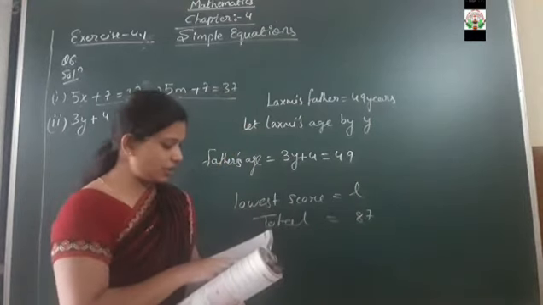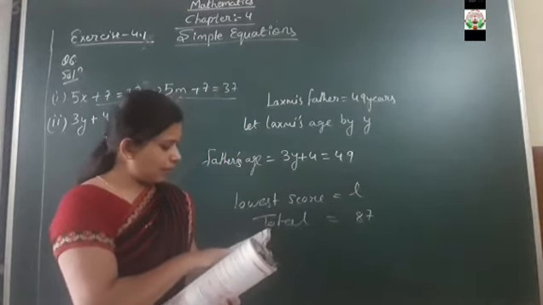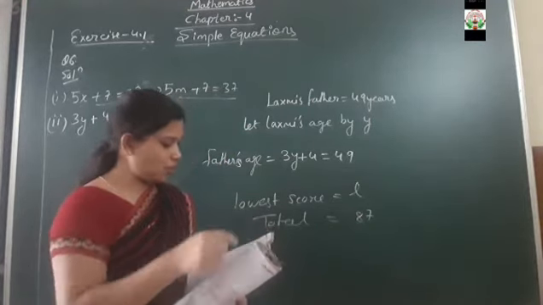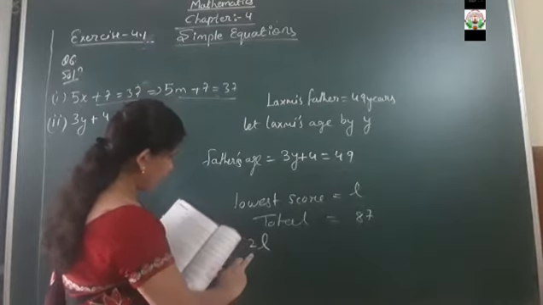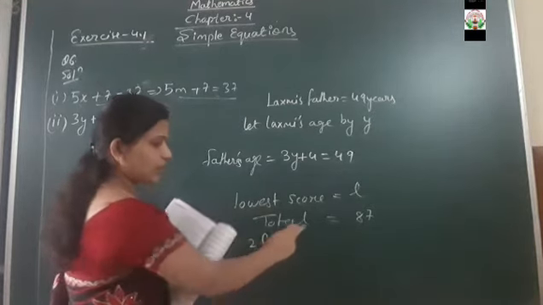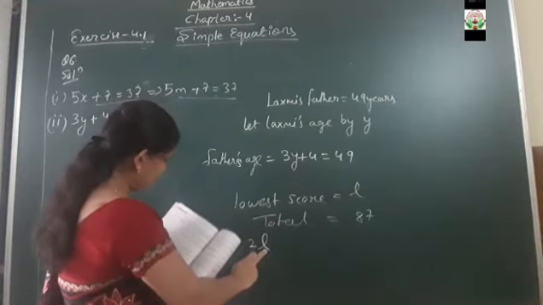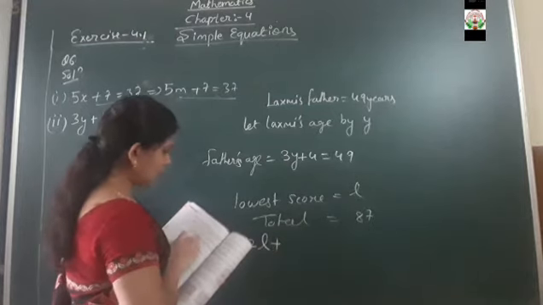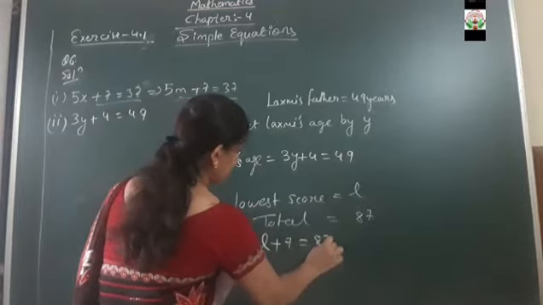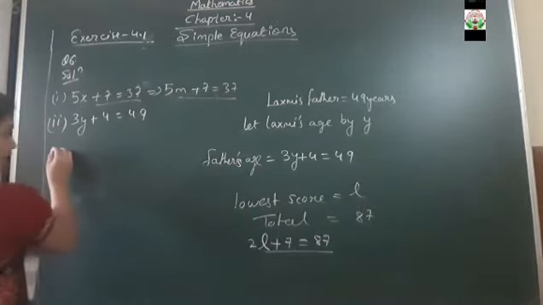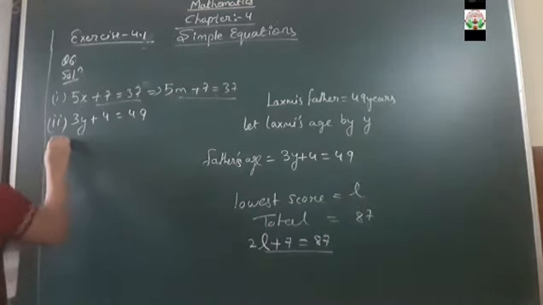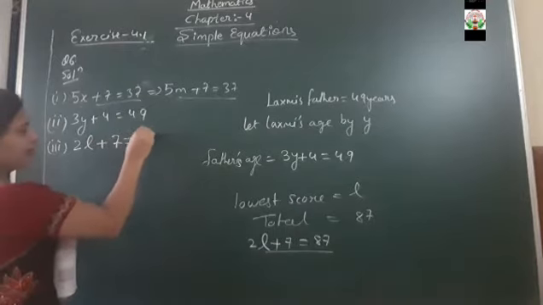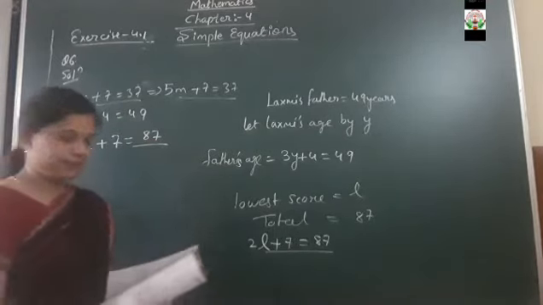In the question it is said twice, which means 2, times the lowest marks, denoted by L, plus 7. So plus 7 is equal to 87. So the lowest mark is L, isn't it? So the equation will be twice the lowest mark, 2L, plus 7 gives 87, the highest score.